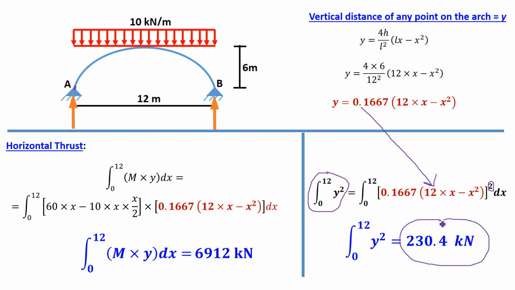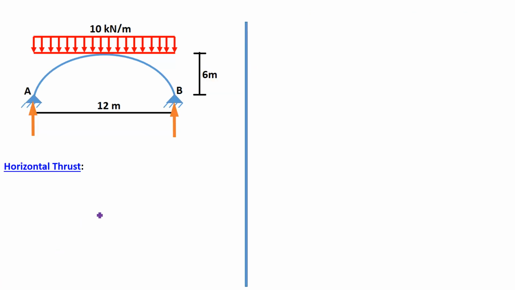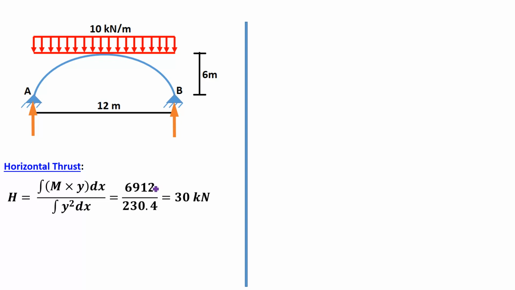Using these two integrations, the final value of horizontal thrust is 6912 upon 230.4, equal to 30 kilonewton, the value of horizontal thrust when the two hinge parabolic arch is subjected to full span UDL of 10 kilonewton per meter.